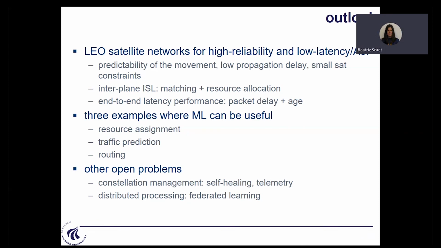But if they are not periodic, it's still predictable. So you know where things will be in the next time slot. So how this is exploited in the machine learning algorithms, I think that's the main thing that can make a difference.